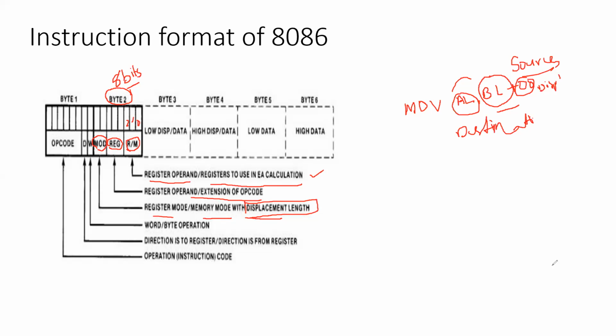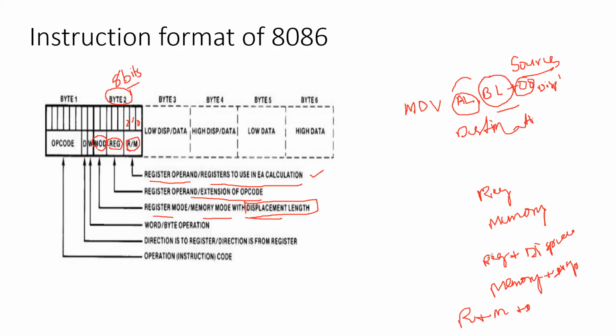We are working either on a register, or memory, which is different from a register, or register plus displacement, or memory plus displacement, or register plus memory plus displacement. All these things we get in byte 2 only.